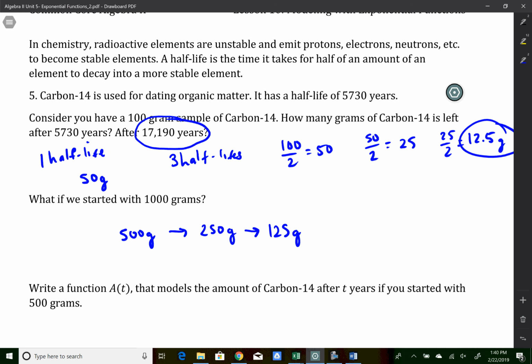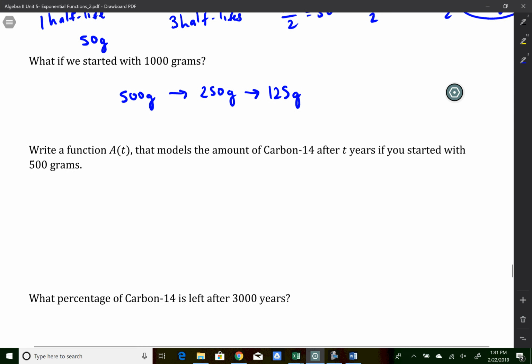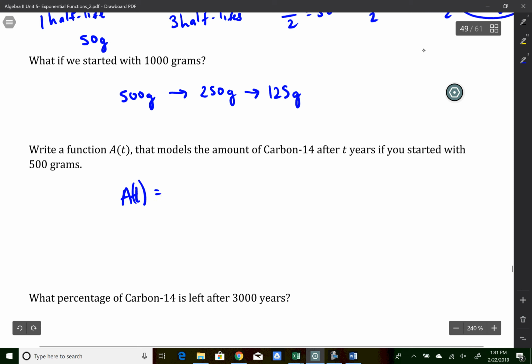So if I want to write a function that's repeating the value of divide by 2, instead of using division, I could use multiplication. So how could I repeatedly divide by 2? I can repeatedly multiply by 1/2. And remember, whenever I do something repeatedly in a math class, we can use exponents to show that. So to write a function here, I'm going to say a of t is equal to 500 grams of carbon-14.